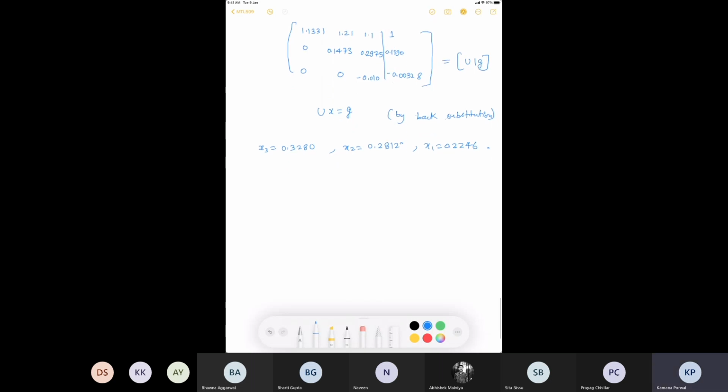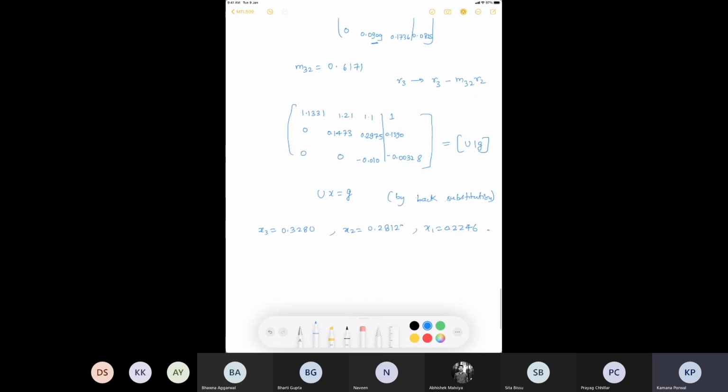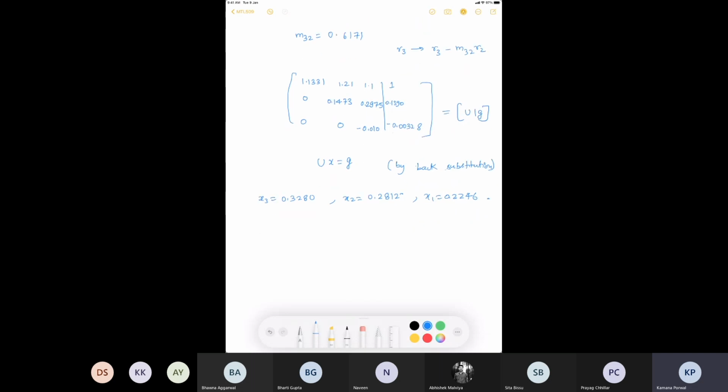All right, in the Gauss elimination and also today in the Gauss elimination with partial pivoting, we have seen that the final matrix which we get is an upper triangular matrix. And when you have the coefficient matrix as an upper triangular matrix, you can easily solve them by the back substitution, right?